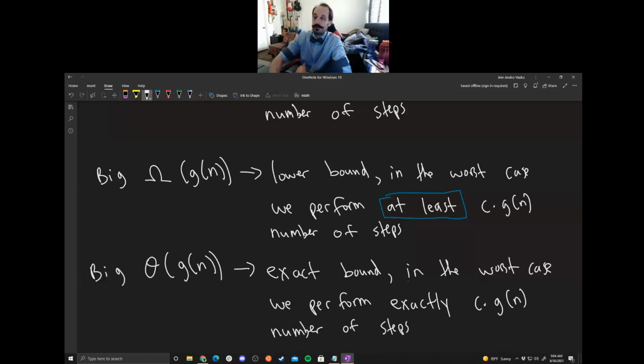Now, it doesn't have to be exactly. What I mean by exactly is asymptotically exactly, which means that if g of n is linear, then we're going to do exactly a linear amount of work.